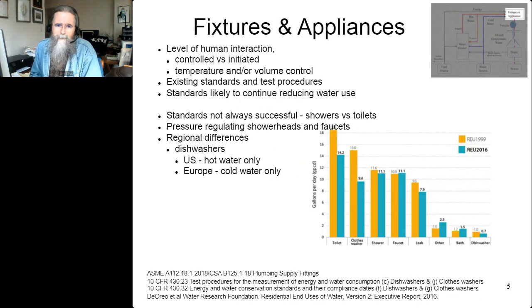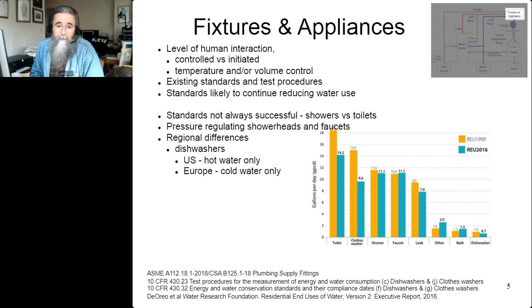Fixtures and appliances have some level of human interaction. Some of them, like a shower, obviously the person turns on and controls. Others you set up and push a button, and then when it's ready, it draws hot water, like a dishwasher or a clothes washer.